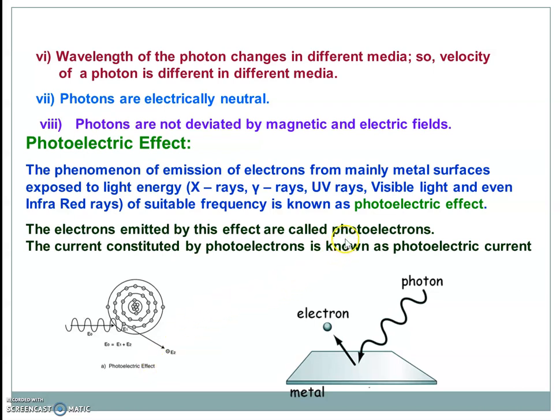The photoelectrons constitute a current that is called a photoelectric current. Photoelectrons means the electrons which are emitted from the surface of metal on striking radiation over the surface of it.